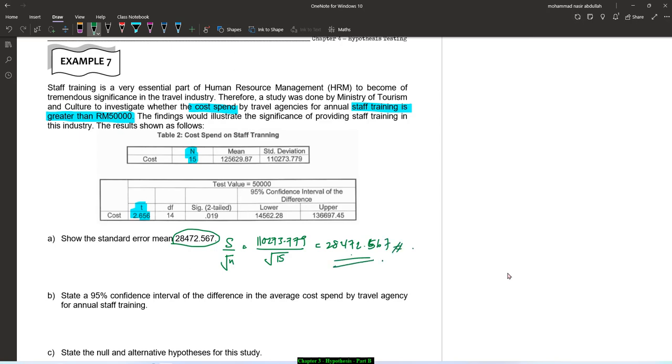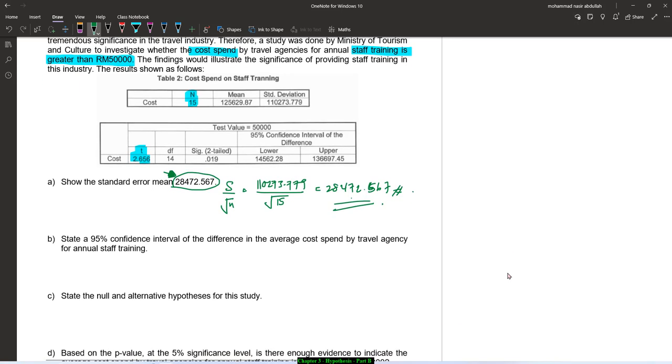Right. So you need to show the whole thing, baru you dapat markah lah. Kadang-kadang dia akan bagi standard error is not equal to 28,000, so you need to make sure your calculation is correct lah.